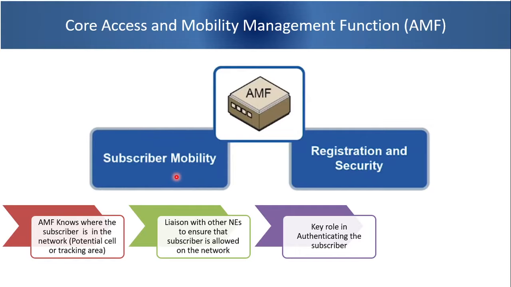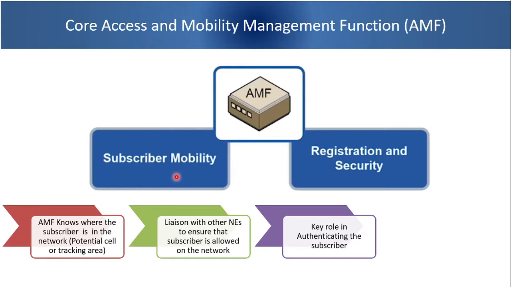Now AMF creates a temporary table where it writes a GUTI, that is a temporary ID equivalent to TMSI, and that particular SUPI. So subsequently the device will send only the GUTI, and AMF will come to know the SUPI because it has a mapping. So the temporary ID is allocated by AMF in the 5G network.